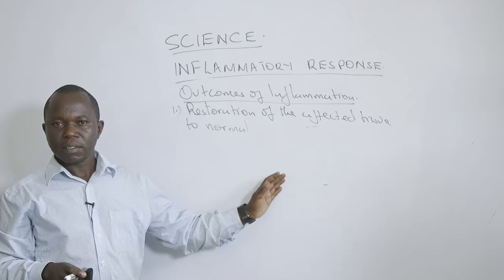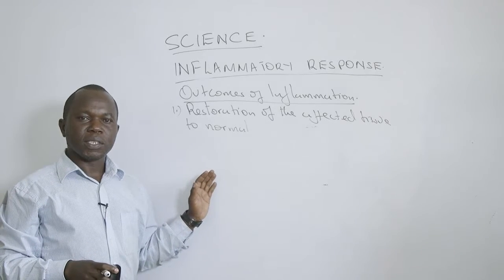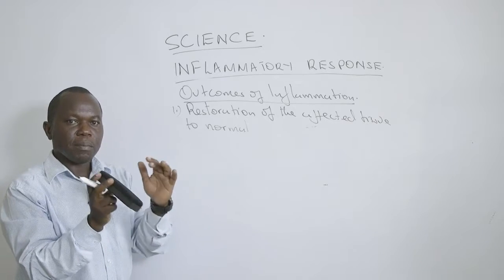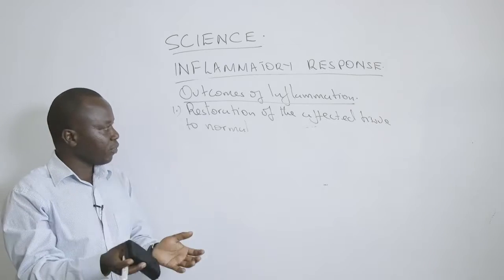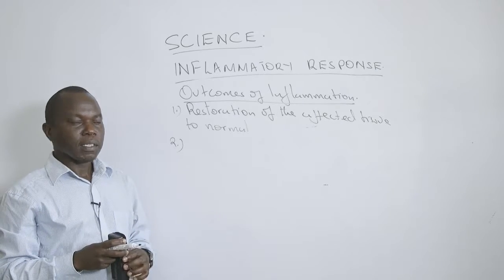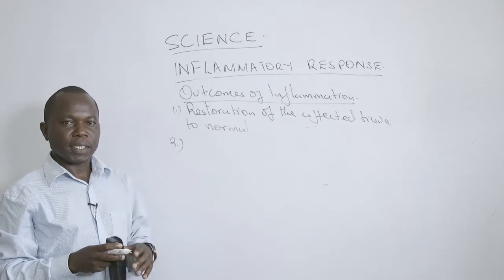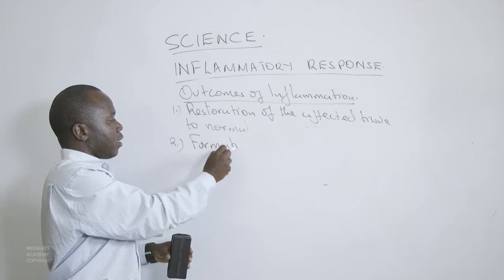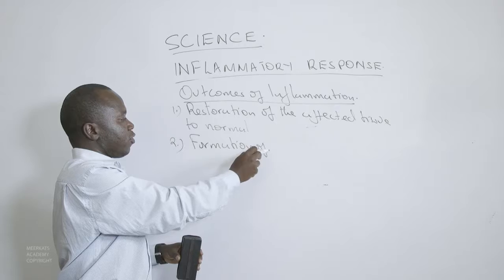We have seen that even if there were some damaged cells, they are going to be destroyed by the phagocytes and the macrophages. And then another outcome is the formation of pus.